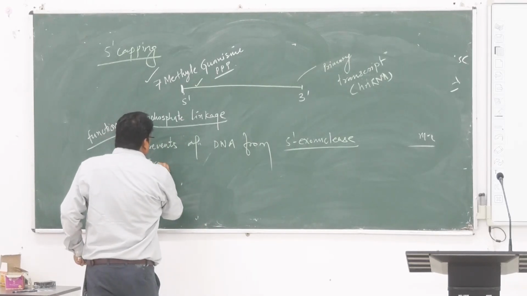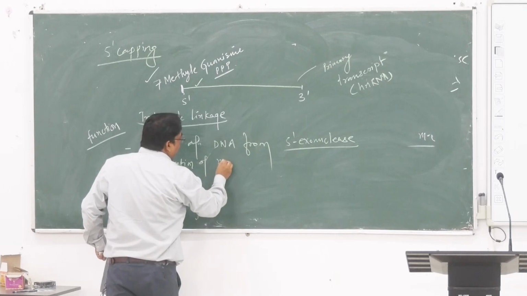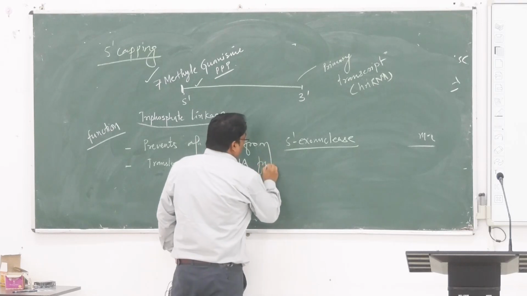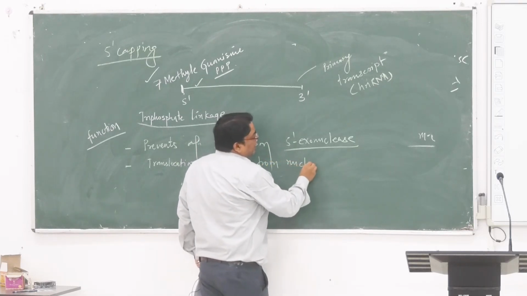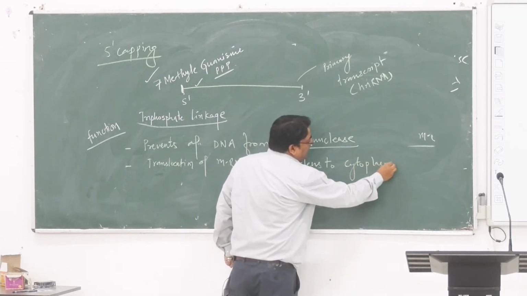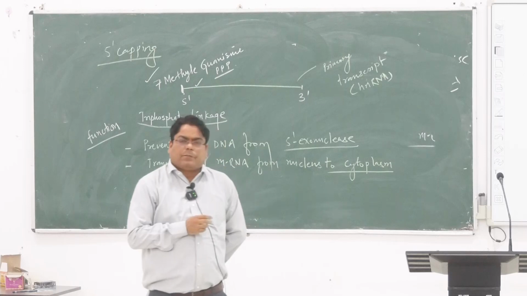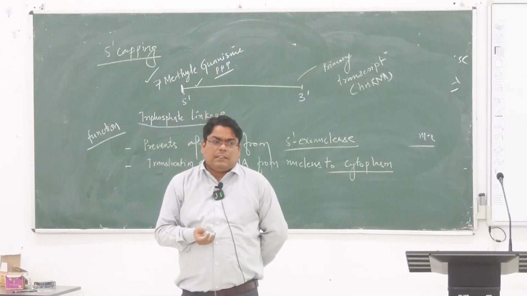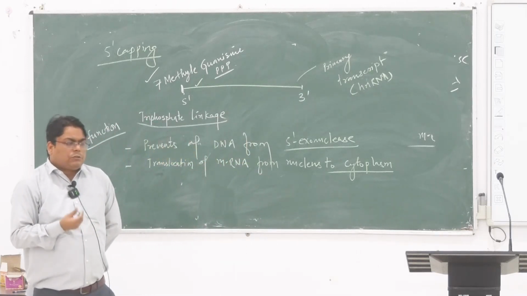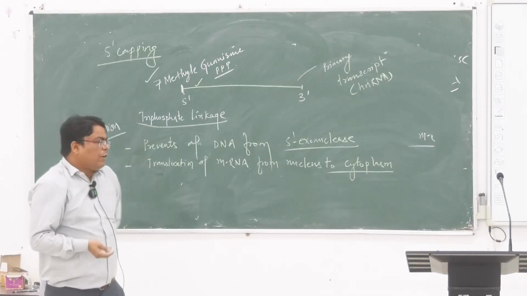Second, it is helpful for translocation of mRNA from the nucleus to the cytoplasm, because this is our main function. Why is the transcription process followed by translation? Translation is the expression of the genome into a protein. So translocation of this hnRNA into the cytoplasm is important, and the 7-methyl guanosine cap is helpful for this.